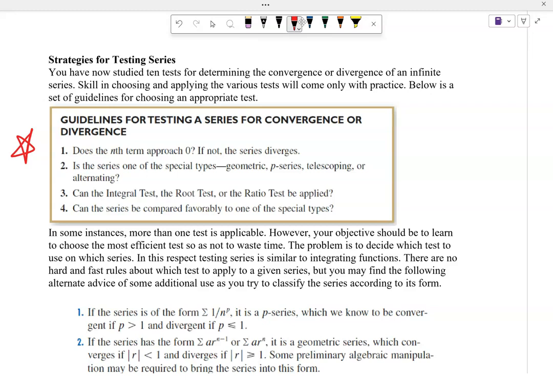Secondly, is it a geometric, or a p-series, or a telescoping, or an alternating series? Well, if it's one of those 4, I'm going to use one of those 4 tests. The third one, well, maybe if it's not those situations, now let's think about integral, root, or ratio, and so on. And that's kind of the process that I'm going through usually.